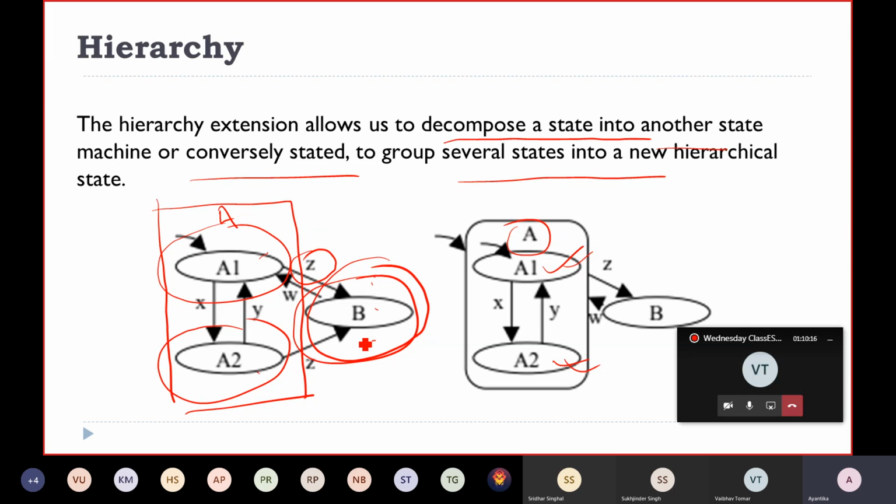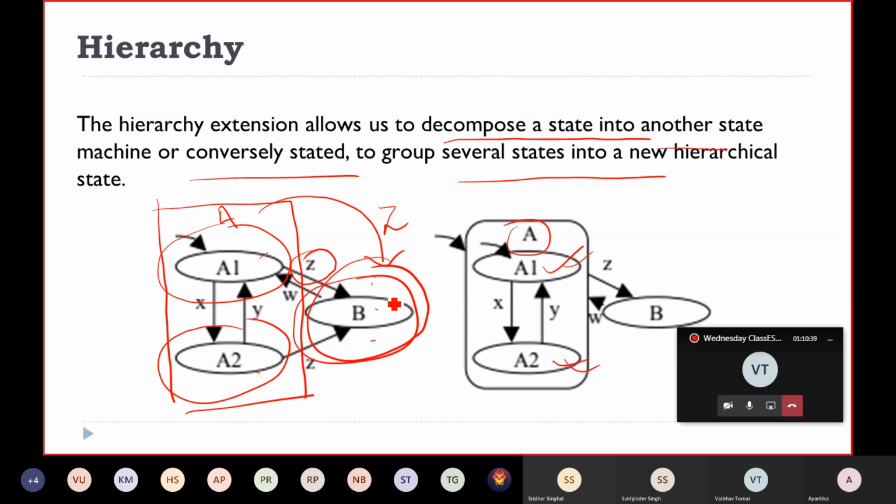In other words, A1 and A2 are not two different states. Basically, they are one single FSM, a single state. From there, if I have this transition condition, I will go to state B.